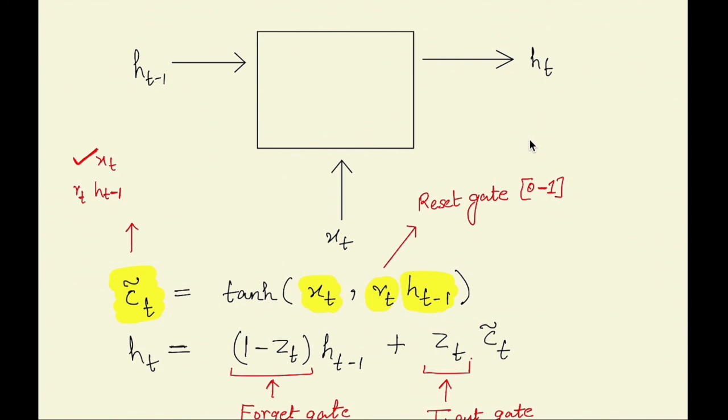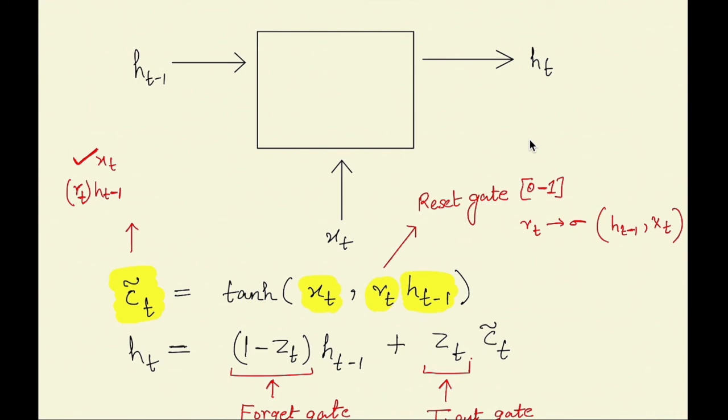So it should depend on some of ht minus 1, and that is decided by the reset gate, which, like all other gates that we discussed in LSTMs, is a sigmoid applied on a function of basically ht minus 1 and xt. So like other gates, I used to write this simply as a function of ht minus 1 and xt.